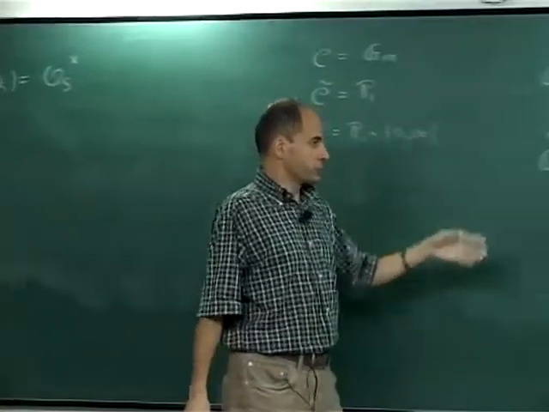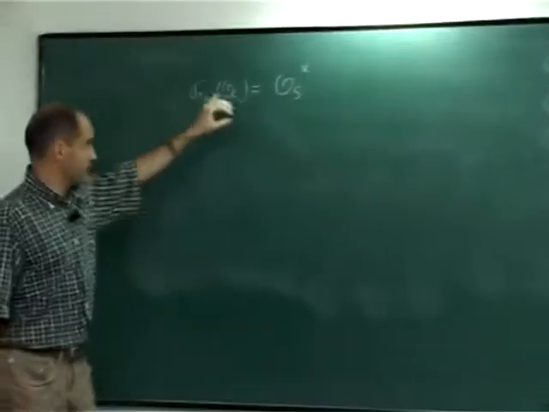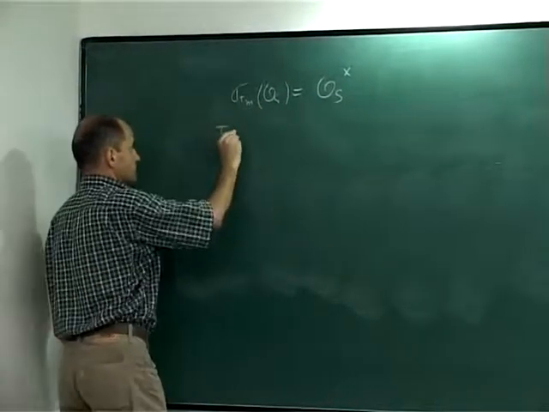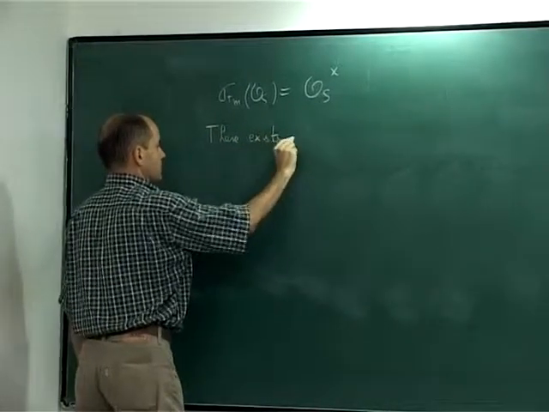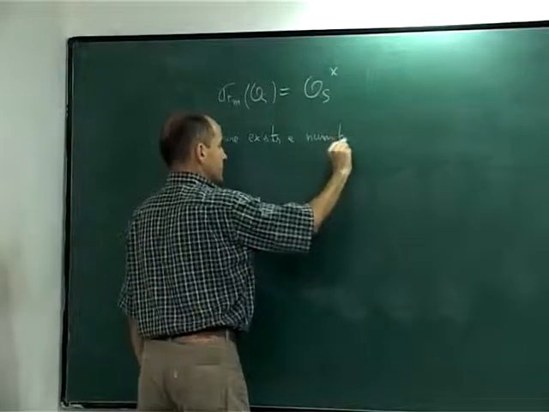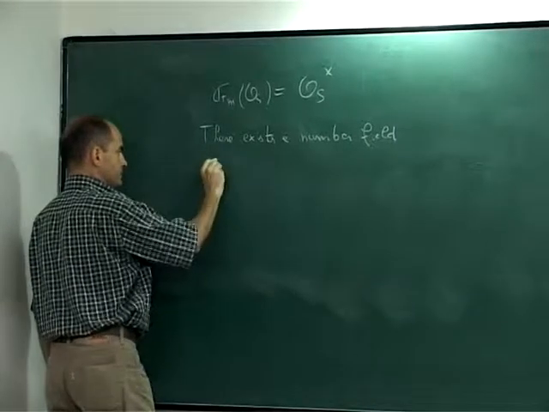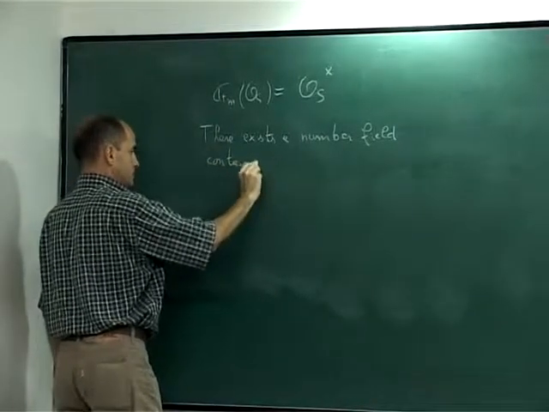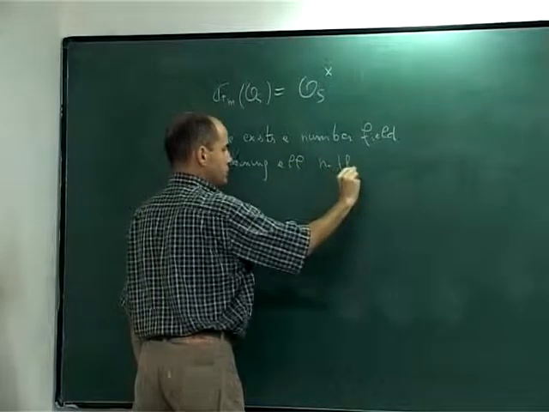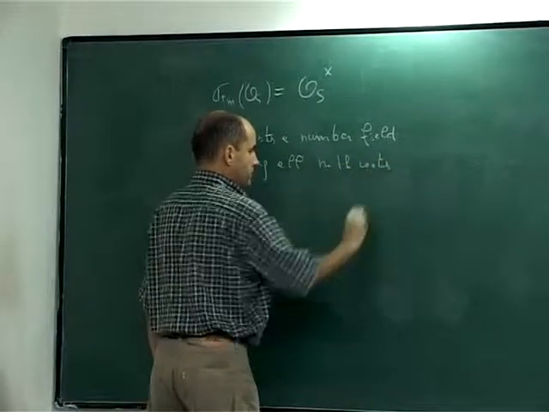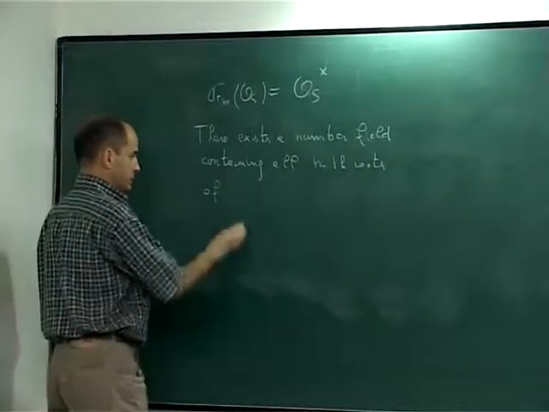So what the Chevalley-Weil theorem says is that there exists a number field containing all nth roots of S-units.